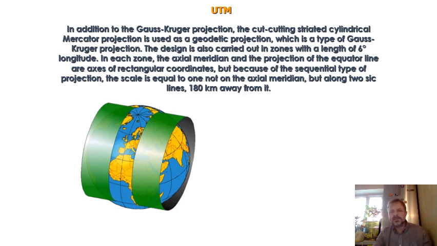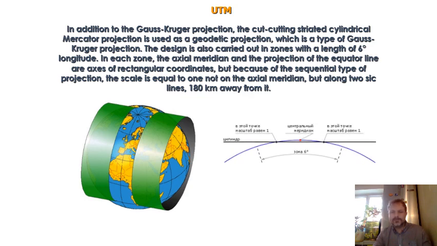In each zone, the axial meridian and the projection of the equator line are axes of rectangular coordinates, but because of the secant type of projection, the scale is equal to 1 not on the axial meridian, but along two thick lines 180 kilometers away from it. You can see the axial meridian, the red point, and the lines of equal scales.